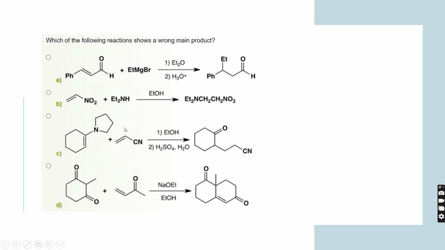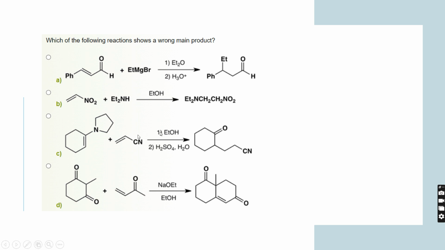You have this tertiary amine here, which is alpha beta unsaturated again, and you have this cyano substrate, again alpha beta unsaturated. In presence of ethanol solvent, we are treating it first, and then we are working it up with sulfuric acid and water.